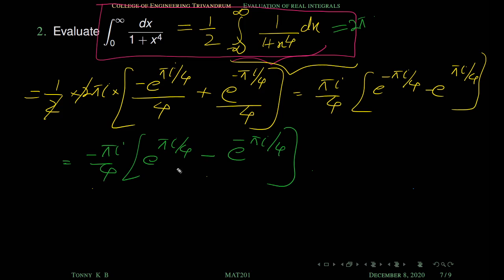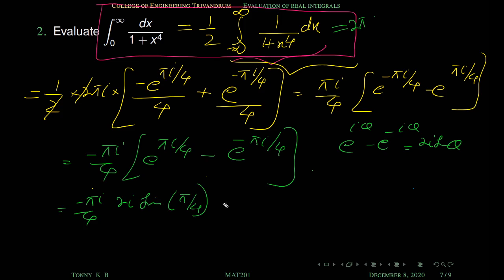Now this is of the form e raised to I theta minus e raised to minus I theta. This is nothing but 2I sin theta, right? So this becomes minus pi I by 4 times 2I sin pi by 4.